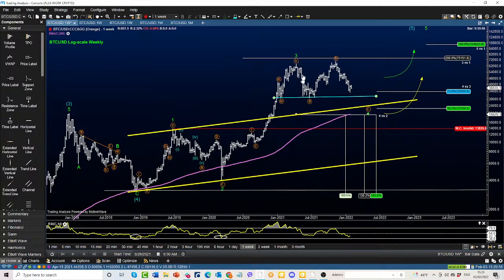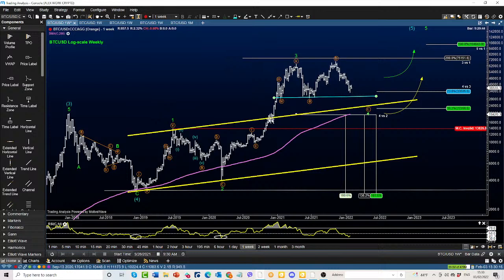This can also be a very complex correction, where we might have a flat and X and then some type of A up and B down in C towards this 20K. But for now, I will just stay with the potential flat if we continue directly below 30K.